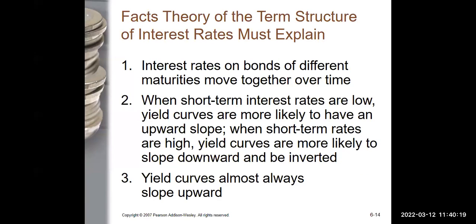For example, if the rate on a 2-year bond increases, the rate on a 3-year bond also increases. If the rate on a 2-year bond decreases, the rate on a 3-year bond also decreases. This fact we shall be learning through the expectations theory, which is going to come in the next slide.